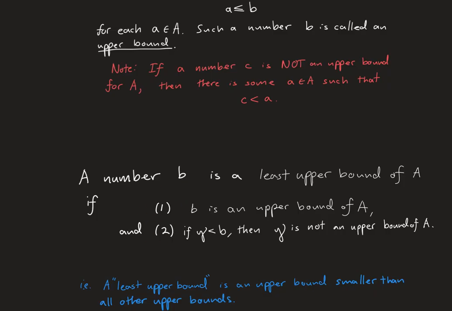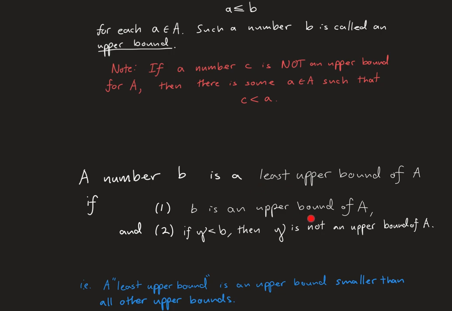A special number B is a least upper bound of A if, first of all, it's an upper bound of A. And if we have another number that's less than this upper bound, then we know something about that other number, that it's not an upper bound of A. In other words, there is no number that's less than B that's also an upper bound of A.